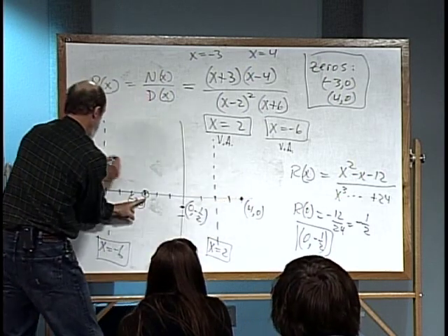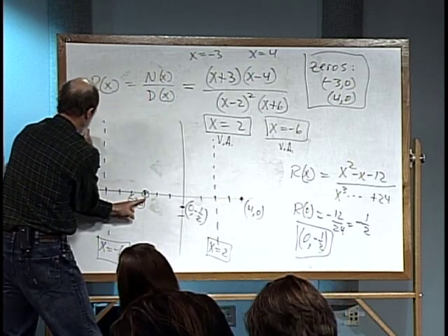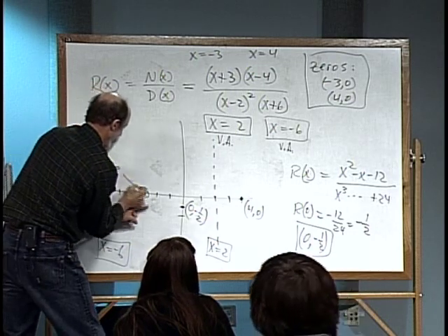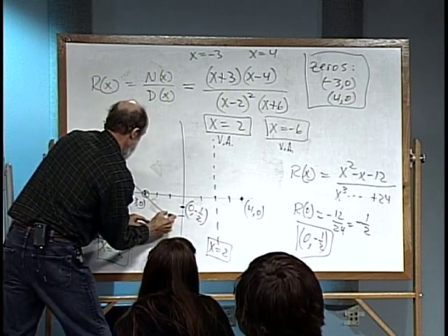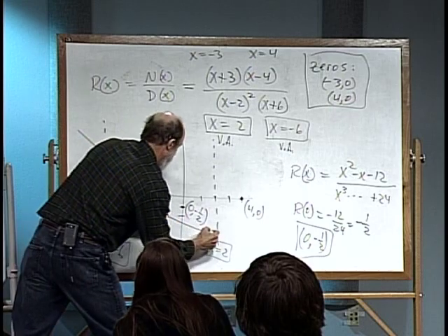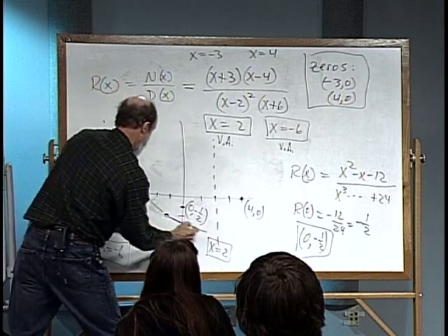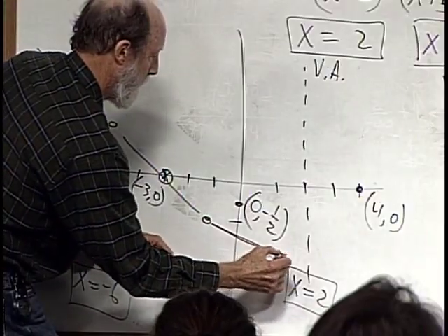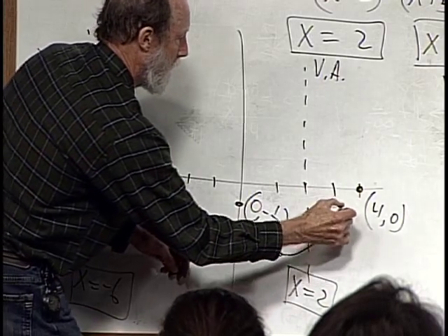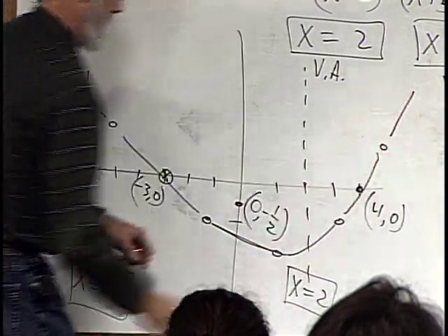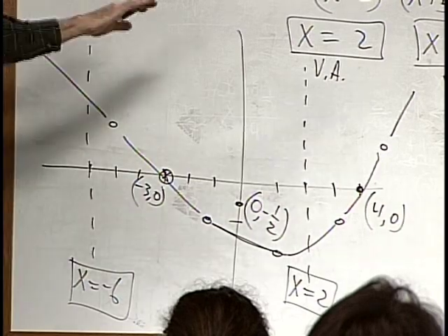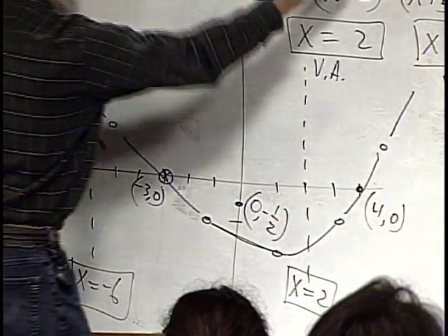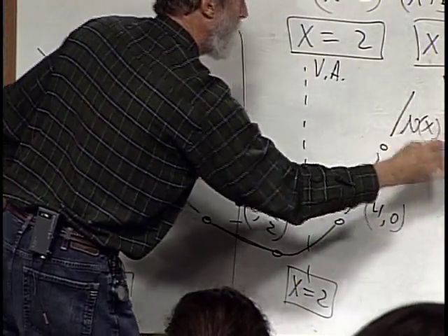Okay, so I'm going to just draw it kind of like this. It's going to bottom out somewhere in here probably. Right? So everybody agree? That's your numerator, your quadratic function here, n of x.